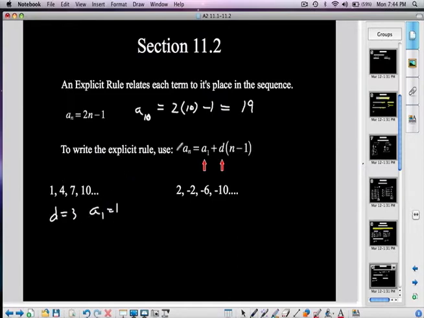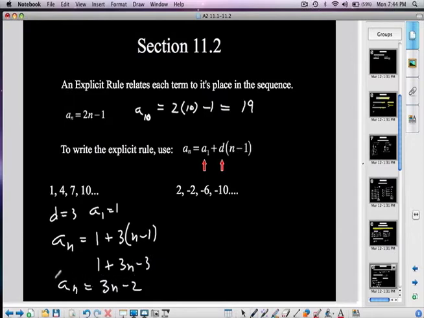So if I plug those in, I have a sub n is equal to a sub 1, which is 1, plus my common difference, 3, times n minus 1. So this is 1 plus 3n minus 3, which is going to be 3n minus 2. And that's my explicit rule.